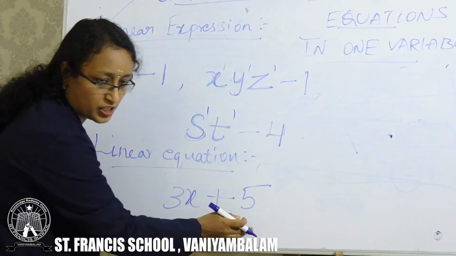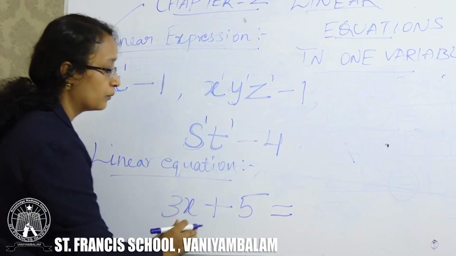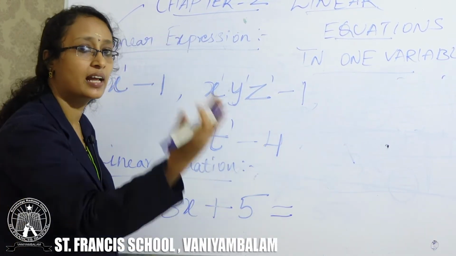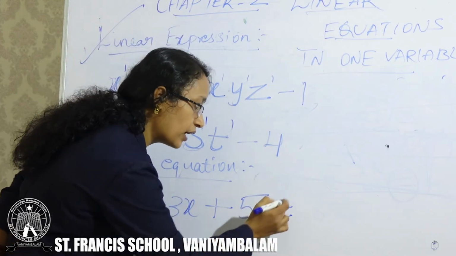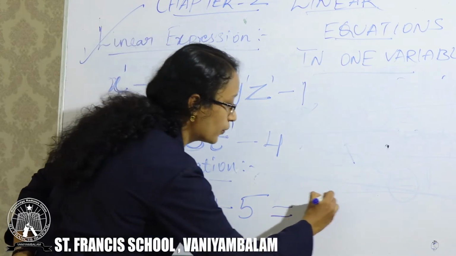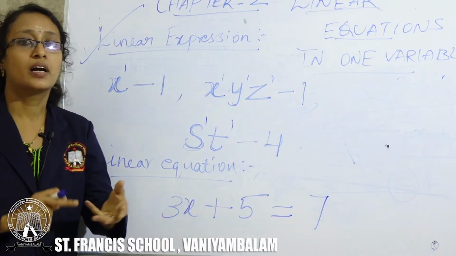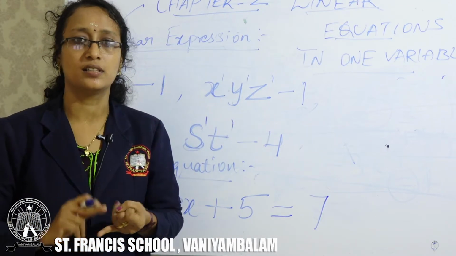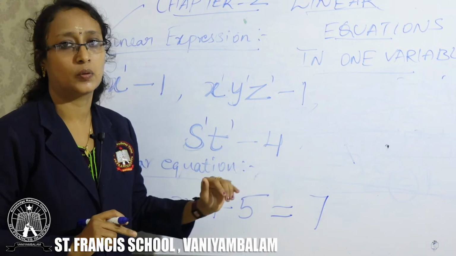This is an expression, and if you have the equality sign between both, the left hand side and right hand side expressions, then you will call it a linear equation. This is a linear equation. So we have learned what expression, equation, linear expression are, and next, linear equation.